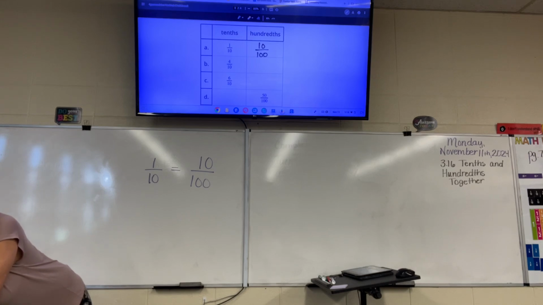If you do it to the bottom, so what would this be? 4/10. You're going to add a 0 to the top and the bottom. What's that give you?